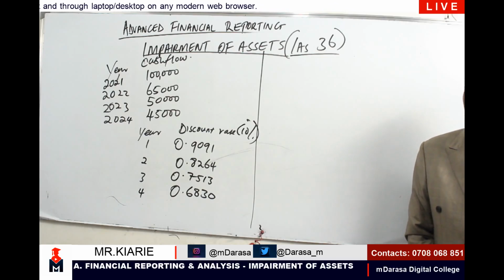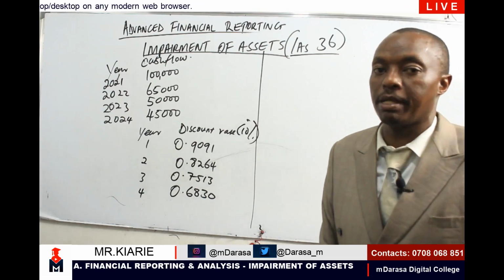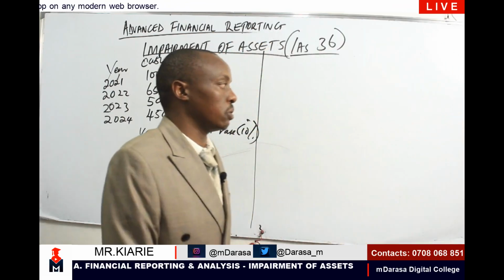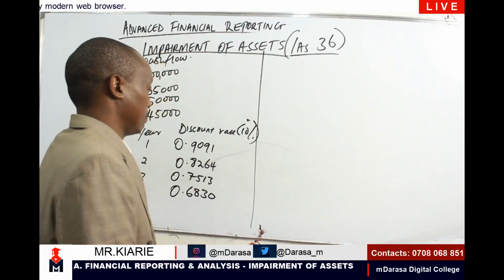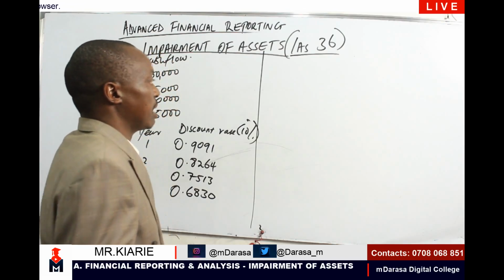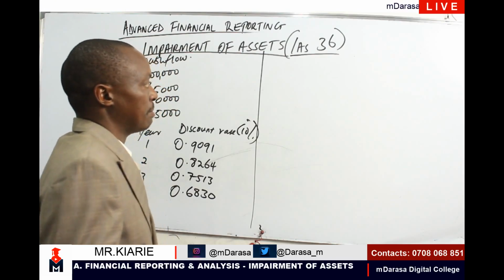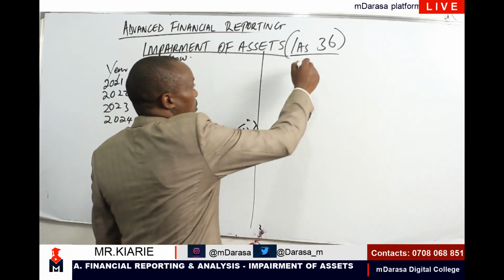Part B, impairment loss, if any. So it's not a must that the asset has impaired. Sometimes you might find that the asset has not suffered impairment. So, solution.